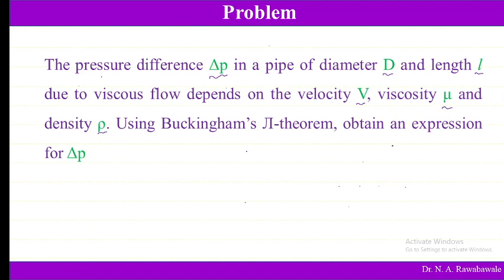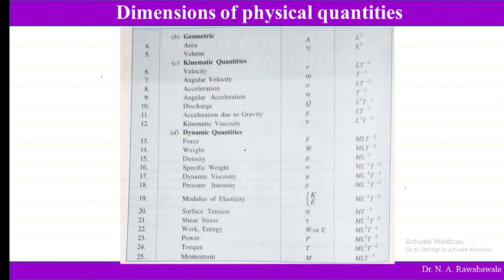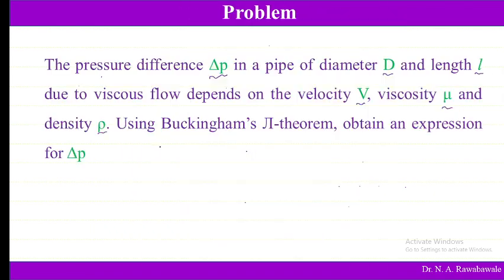Using Buckingham's pi theorem, obtain an expression for delta P. So here the correlation is not given. We have to decide the final correlation on our own, whatever we get we have to write. So we have to find the correlation for delta P in terms of diameter, length, velocity, viscosity, and density.